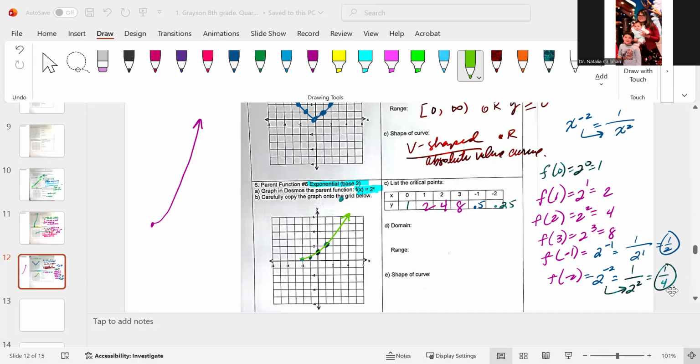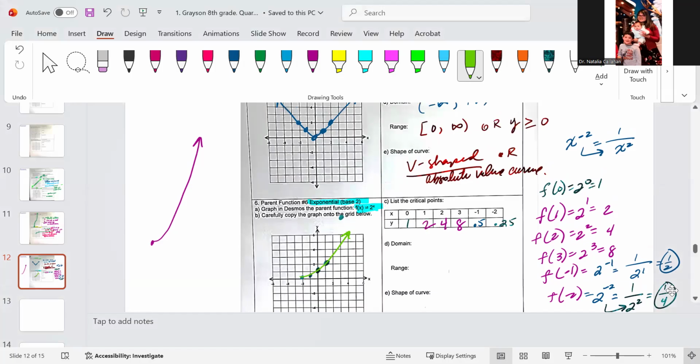All right, what's your domain? Look over here. Right side, how far does it go to the right? Positive infinity. Okay, how far does it go to the left?